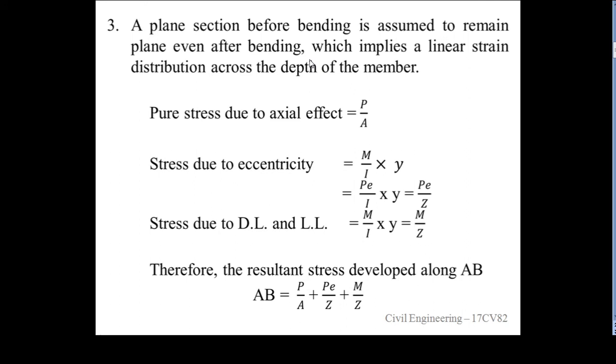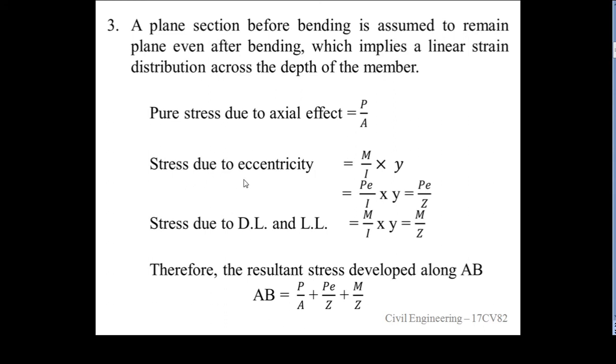Let us take the pure stress due to axial effect, where P represents the applied load and A is the area of the section. A pure axial stress gives P by A, that is, load by area.